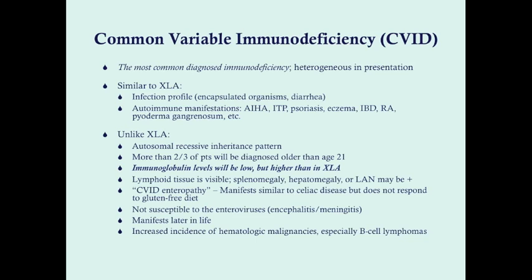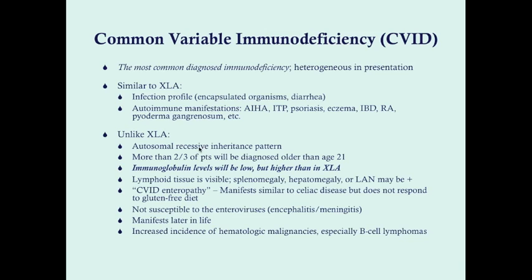So unlike XLA, this has an autosomal recessive inheritance pattern. Now, it's not always autosomal recessive, but it's not X-linked, whereas with X-linked agammaglobulinemia, Bruton's, it's always X-linked, obviously by its name. With this, it tends to have an autosomal recessive inheritance pattern. It can be sporadic.